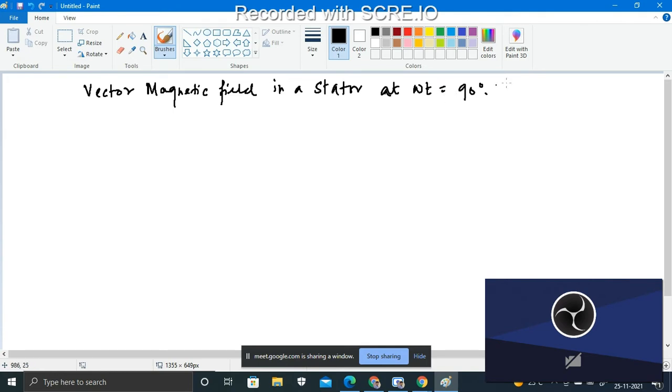I already discussed what the magnitude and the vector will be. At omega t equals 0 degrees, what will be the value of B net? The value of B net that we found is 1.5 Vm at an angle of minus 90 degrees, right? So now what will be the vector magnetic field for that?